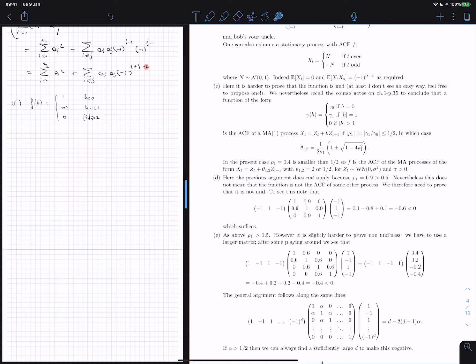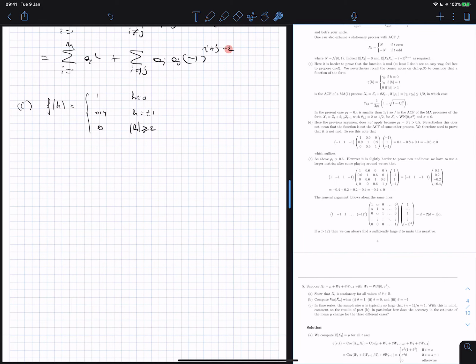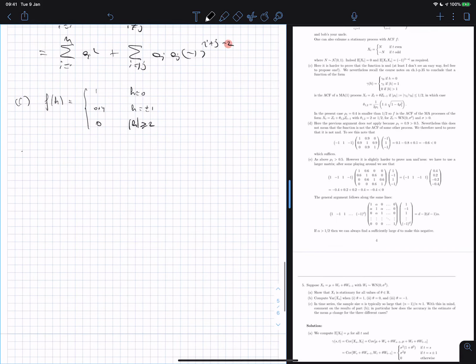So what I say is that we can have two of these guys, theta 1 and theta 2, which have to be of this form, where rho 1 is 0.4. So I just take the expression. I think I'm arriving at another one of your questions, Clara. Again, very good question.